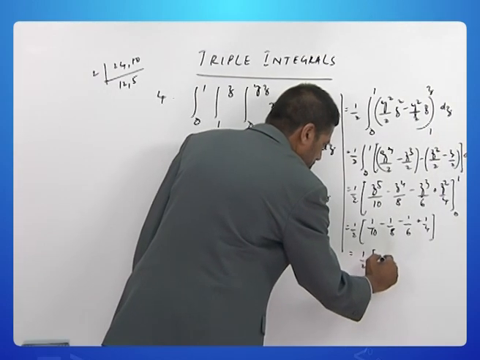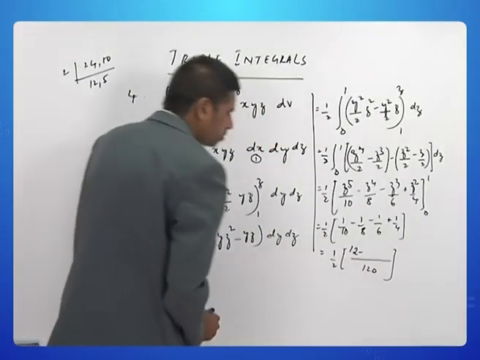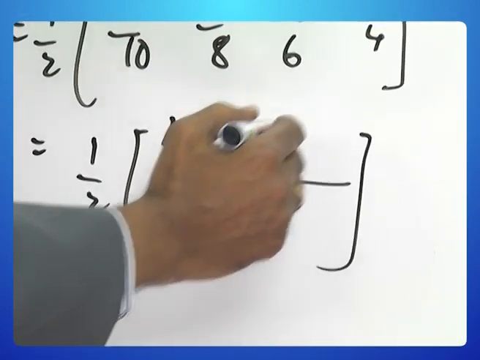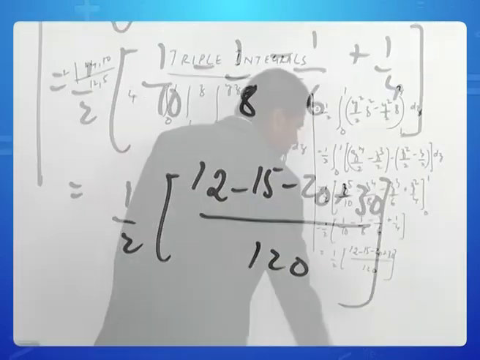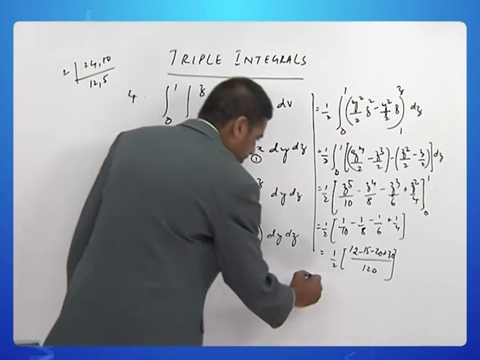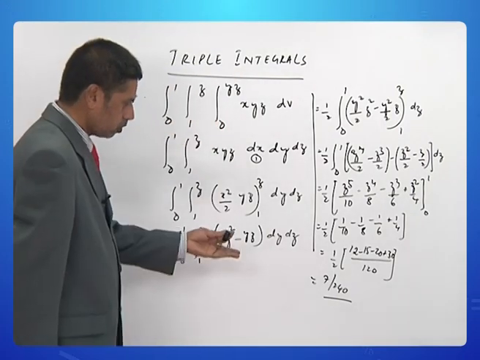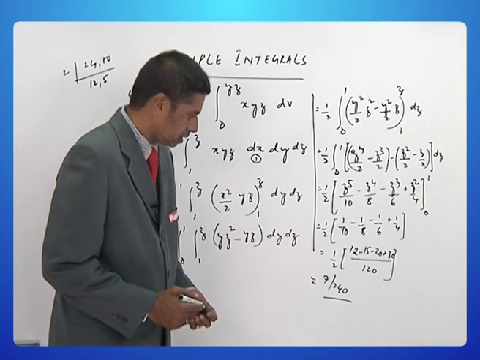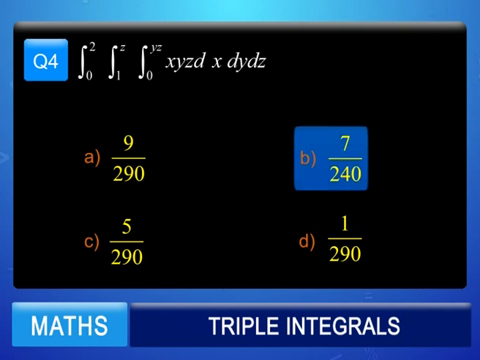So half into, 120 here, 12 minus 15 minus 20 plus 30. So 42 minus 35 will be 7 by 2. I hope you can check that once again. But this is the answer, and the correct option happens to be A.